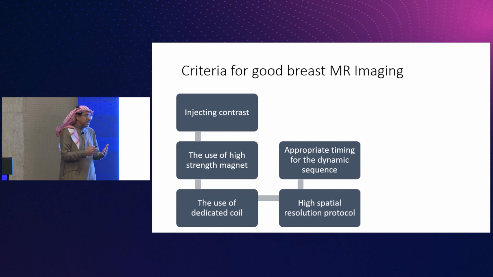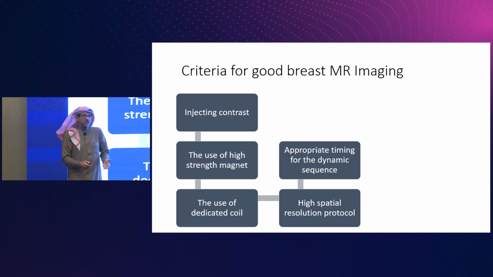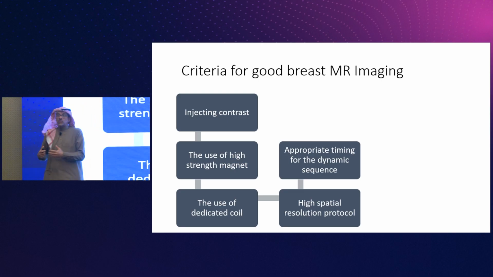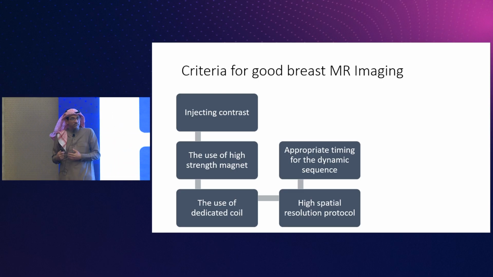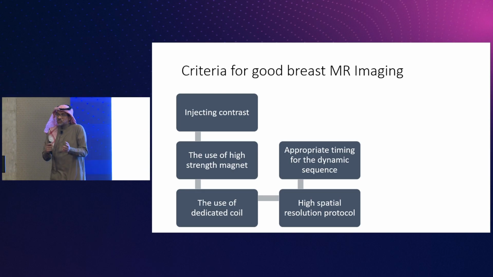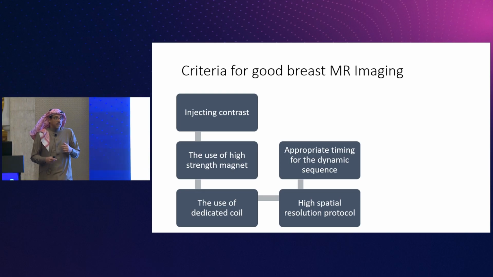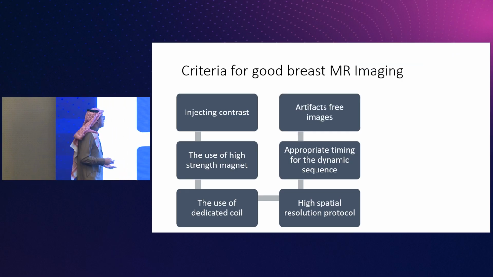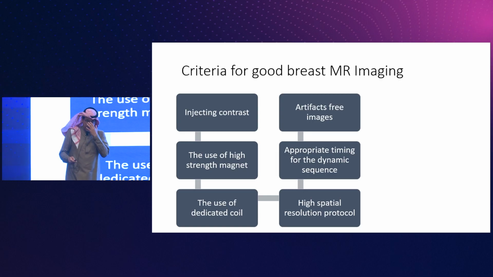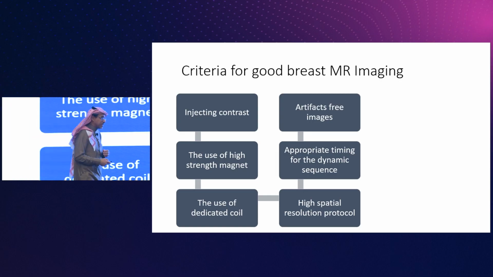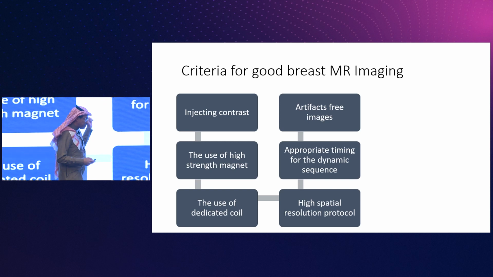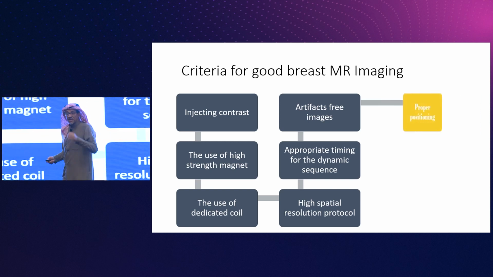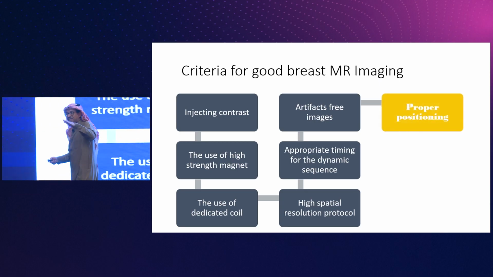If there is any delay of the enhancement, it's because of the pathology. It's not because of the tech who injected late or started late. So let us remove this discrepancy in our practice. Artifact-free image, and that is your skills. And the last one, from the criteria, is positioning. So they address it as one of the criteria for a good exam.